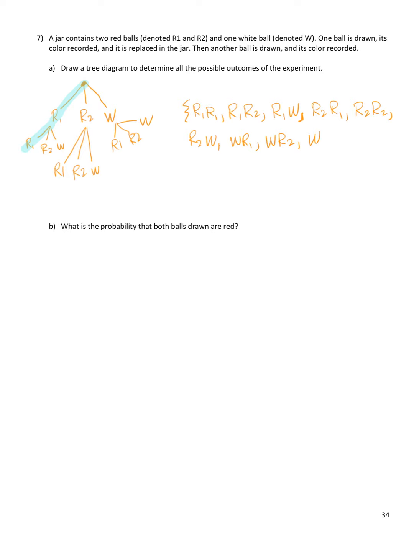There is no R3. Okay, so those are all the possible outcomes. It looks like there are 1, 2, 3, 4, 5, 6, 7, 8, 9 possible branches.